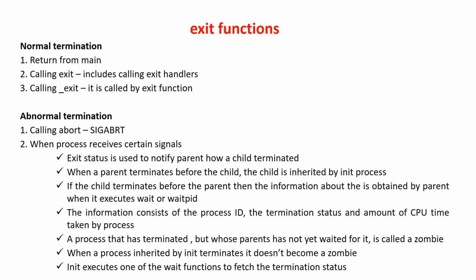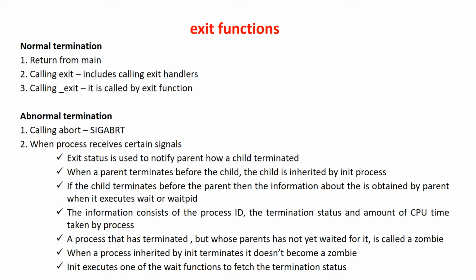If the child terminates before the parent, the information about it is obtained by the parent when it executes the wait and waitpid functions. The information consists of the process ID, the termination status, and the amount of CPU time taken by the process.